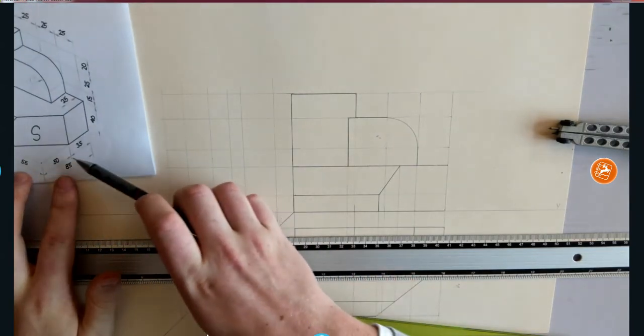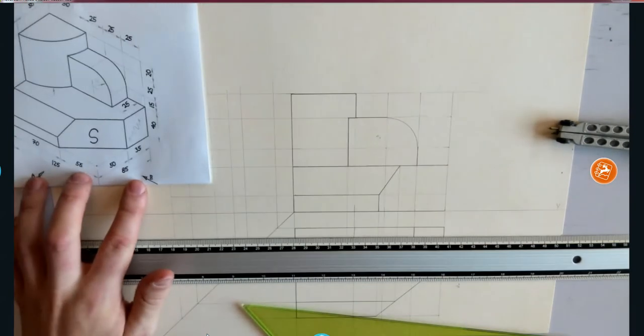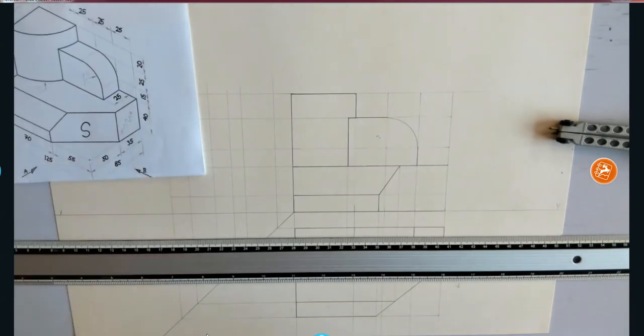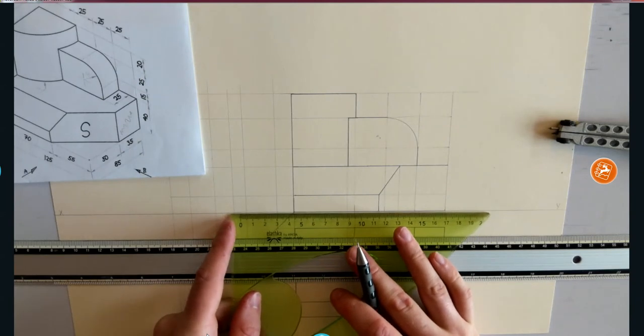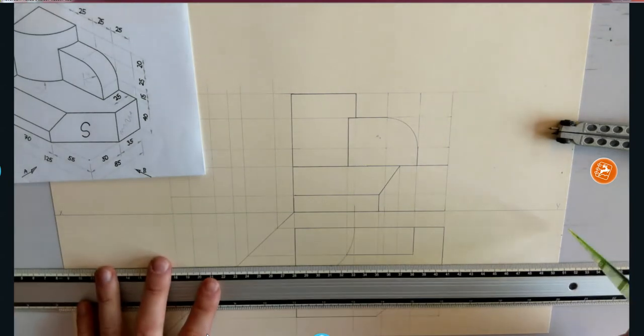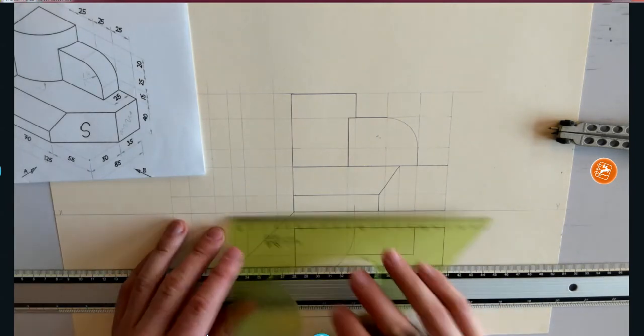So for the end view, the first surface I'm going to see is this surface here. That's the first surface I'm going to draw, and it is 35 by 40.